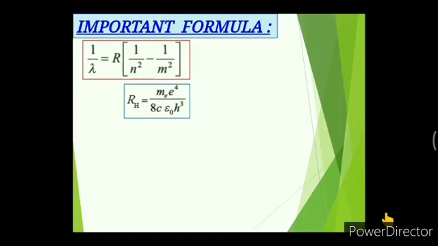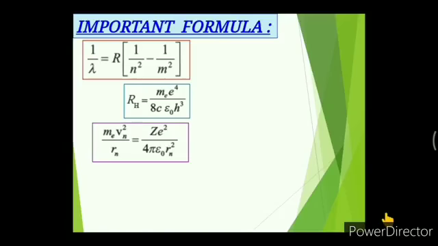The value of RH we are taking by using the formula me e raised to 4 upon 8 c epsilon naught h cube. Then next, by using Bohr's first postulate, m v square upon r is equal to z e square upon 4 pi epsilon naught r square, and hence in general it is given as me vn square upon rn is equal to z e square upon 4 pi epsilon naught rn square.